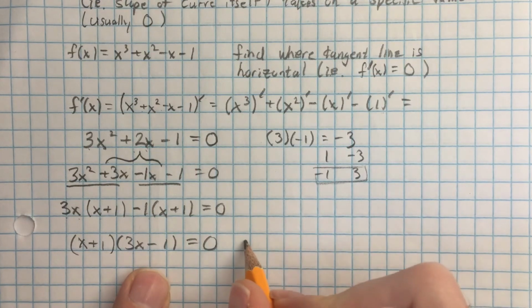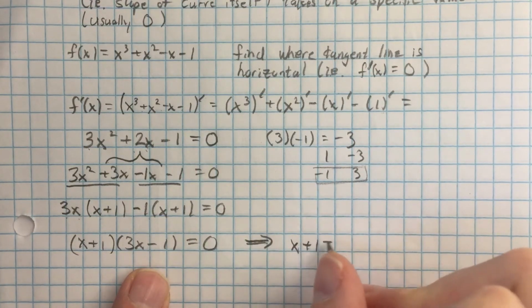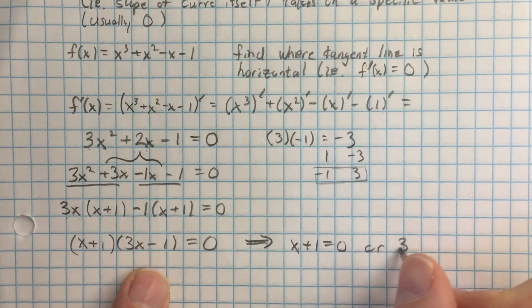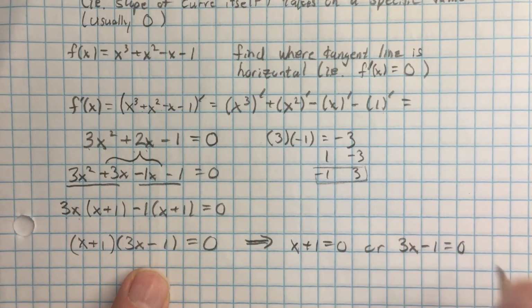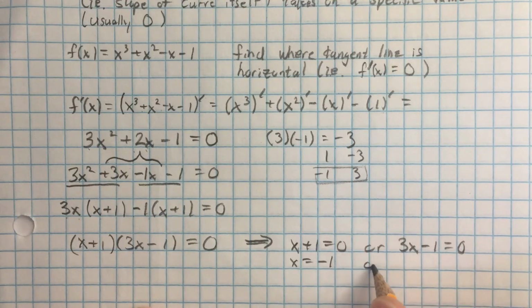All right, that immediately implies that either x plus 1 is 0 or 3x minus 1 is 0. So we have solutions x equals negative 1 or x equals a third.